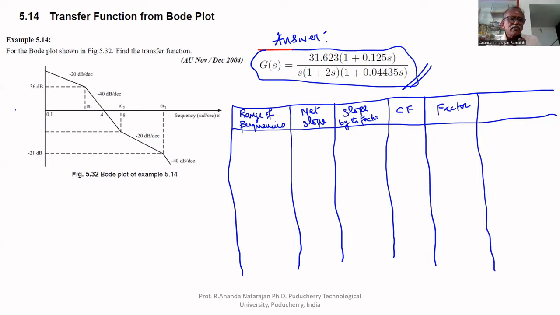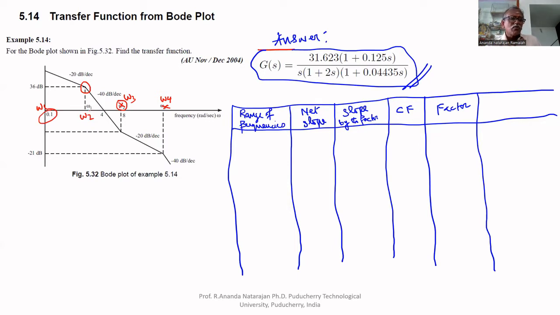The range of frequency is, let us call this omega 1. Here, another corner frequency, that is omega 2. This is another corner frequency, omega 3. This is omega 4. That's all. Here, the value is 0.1, it is given.